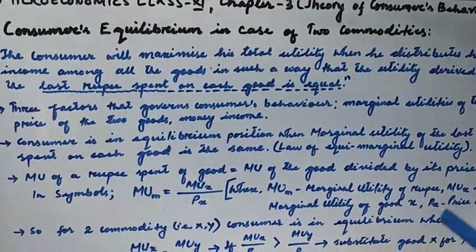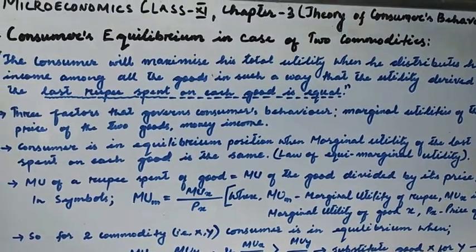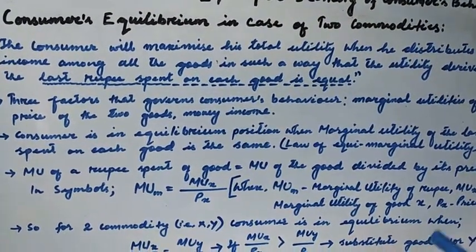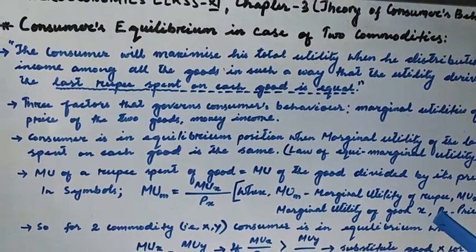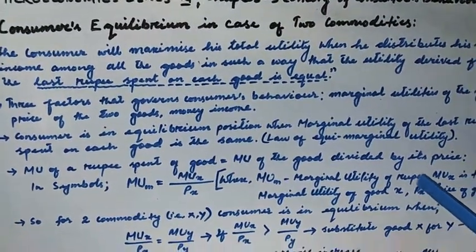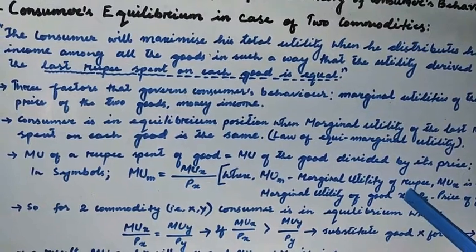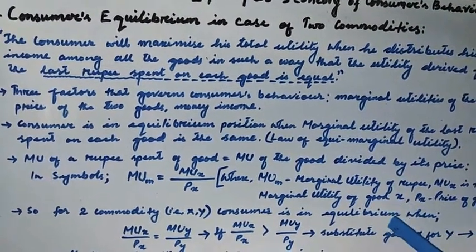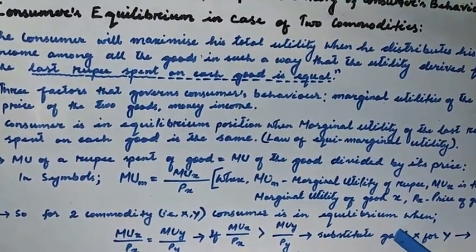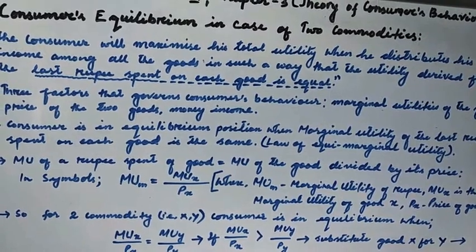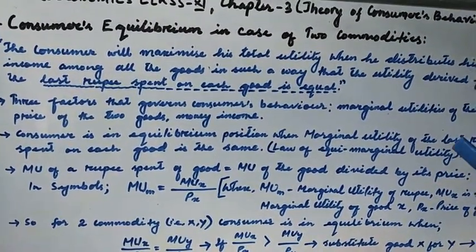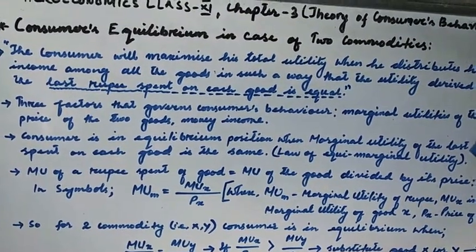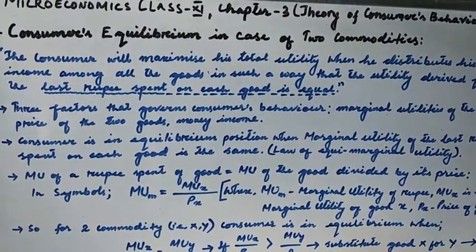Here we are assuming that the consumer is again rational. That means he will try to maximize his utility by spending the amount of money that he has. He will try to maximize his total utility or satisfaction. Again, a consumer is governed by three factors when making this consumption.